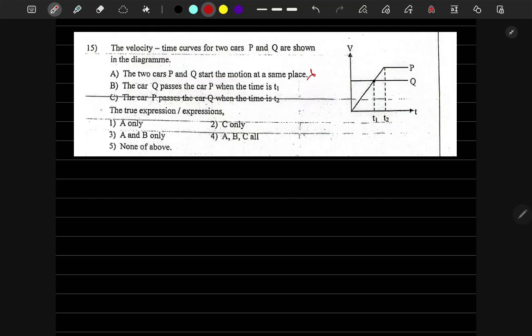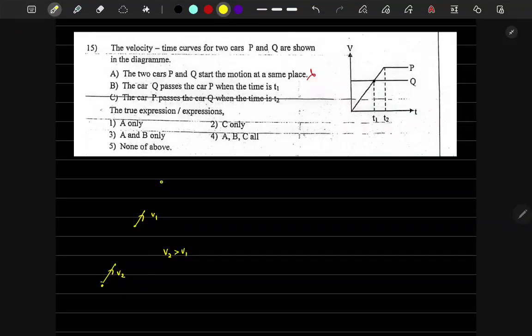Let's say that a car is in Anuradhapura and another car is in Colombo, and this car is moving towards Jaffna, and also the car in Colombo is moving towards Jaffna. So let's say that this velocity is v1 and this is v2. Let's say that v2 is greater than v1.